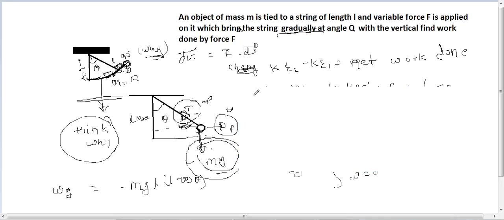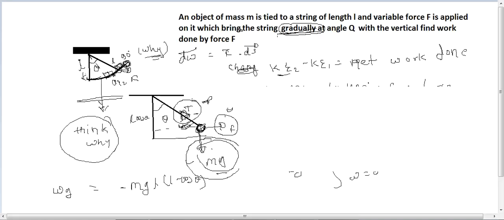What I said is that work done is equal to the change in kinetic energy. Here the word gradually is very important. If this force F brings the block to this angle theta gradually, this means that at every instant the velocity of this block is 0.